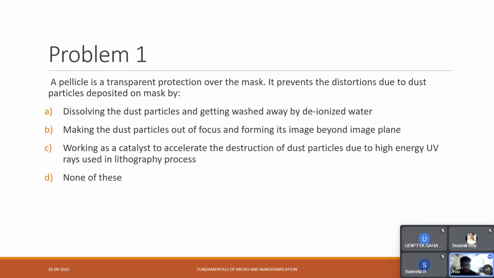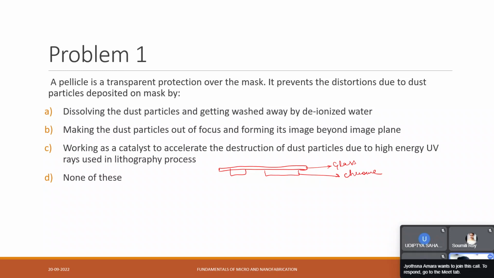So you have a mask. It will have some portions of chrome, and the upper part is glass. The chrome parts are essentially opaque, and the clear parts are open and transparent.